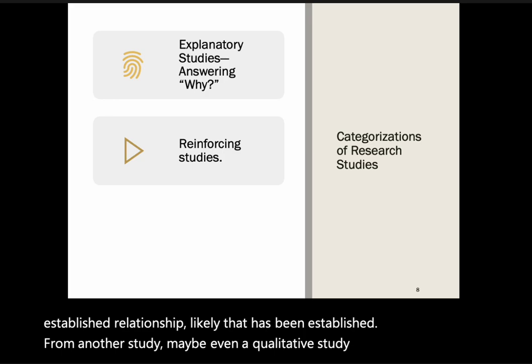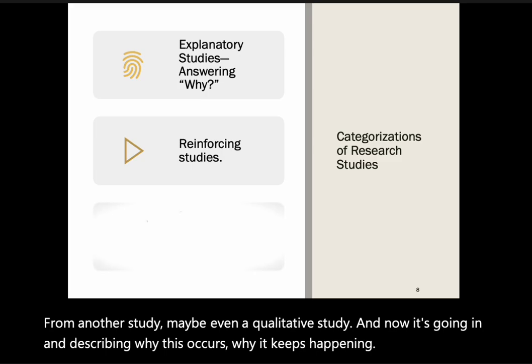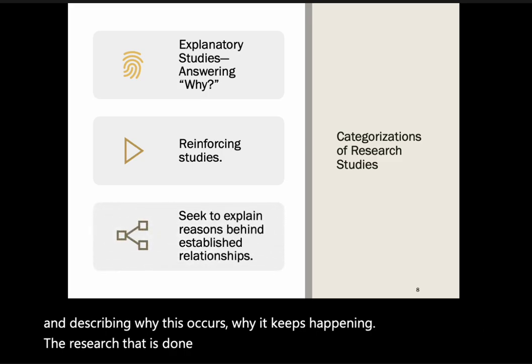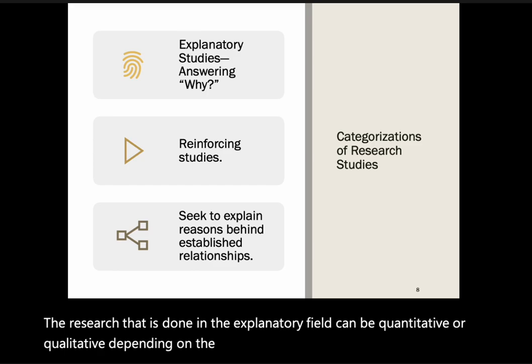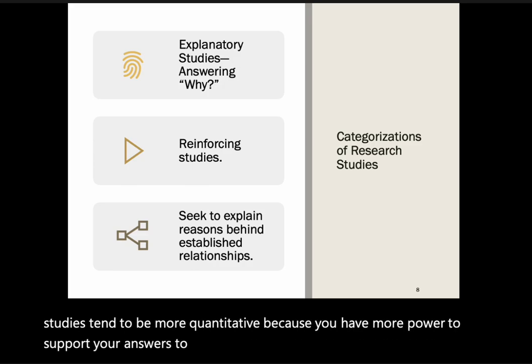And now it's going in and describing why this occurs, why it keeps happening. The research done in the explanatory field can be quantitative or qualitative depending on the researcher, but generally, explanatory studies tend to be more quantitative because you have more power to support your answers to that why question.